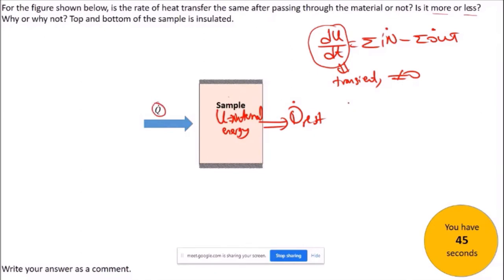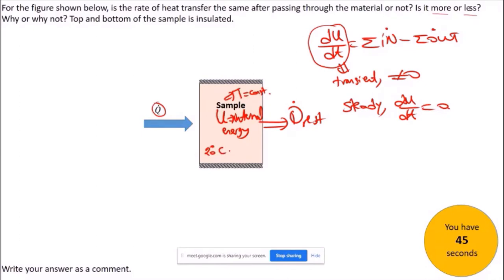But if it is steady, then dU by dt will become zero. If dU by dt is zero, it means that the temperature of the sample is constant and not changing. You can say that it has become saturated.